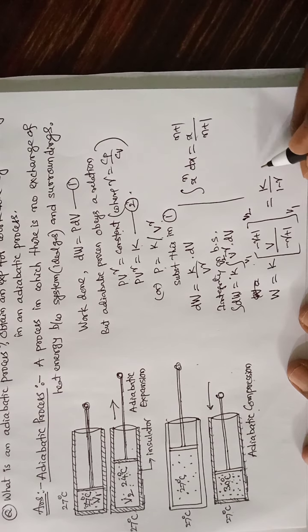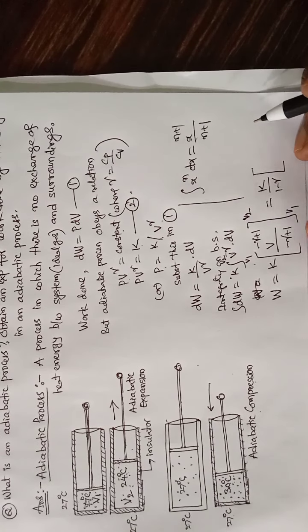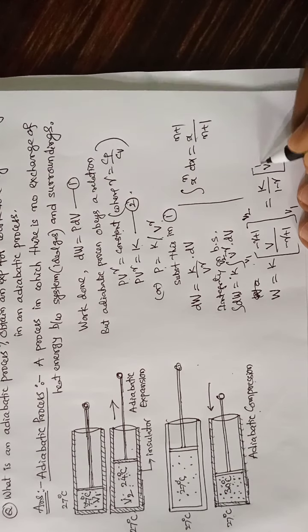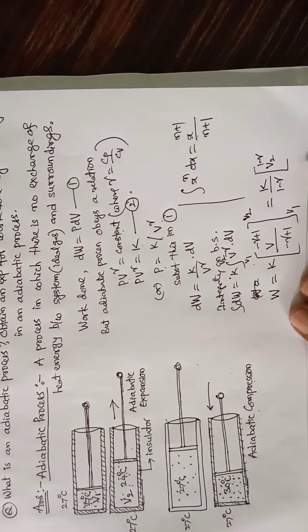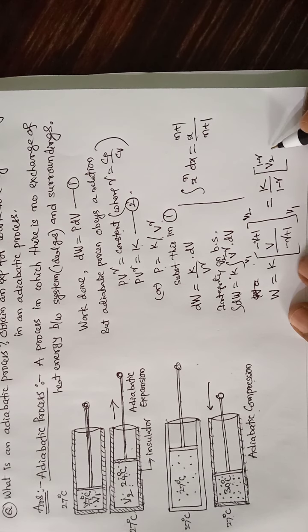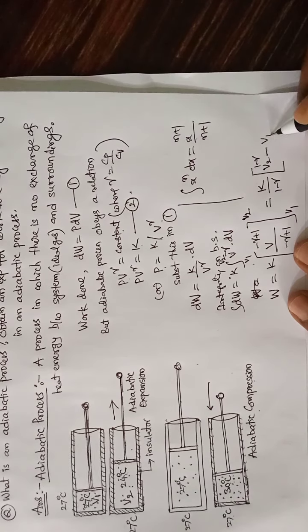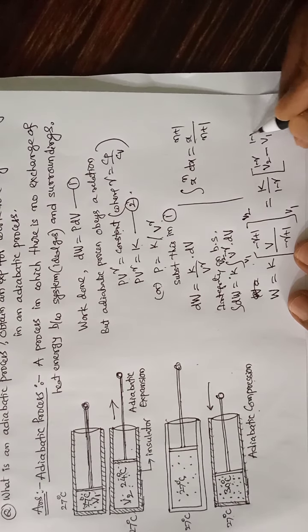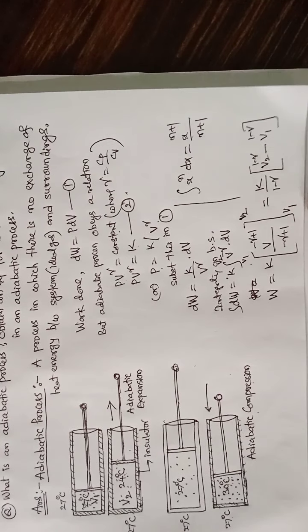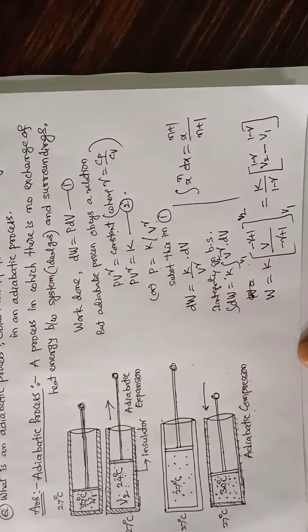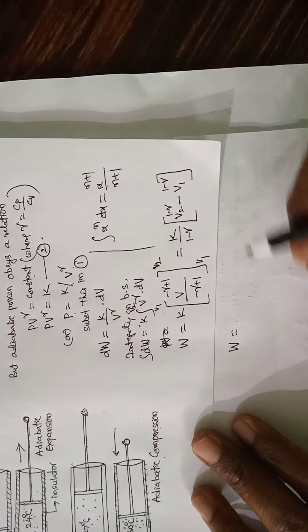Now, substituting the upper limit, we get V2 power 1 minus gamma, and minus, substituting the lower limit. Let me send the K inside the bracket.